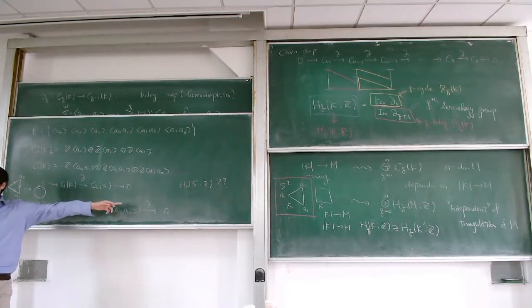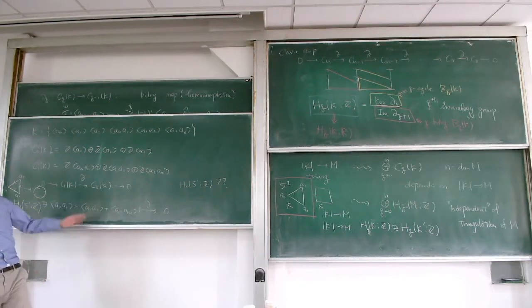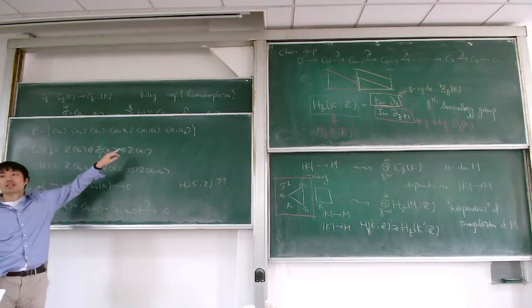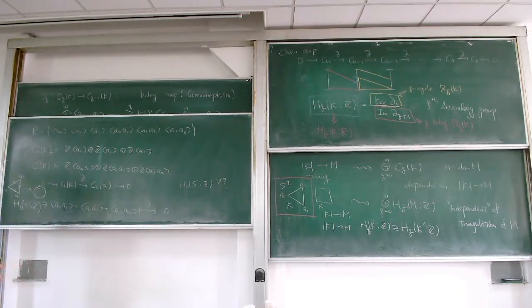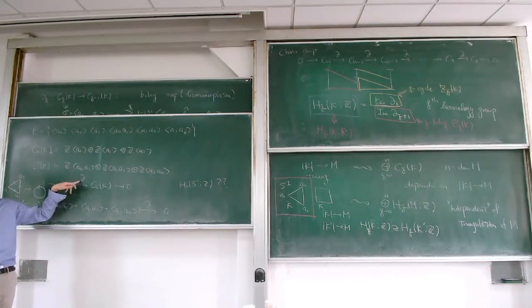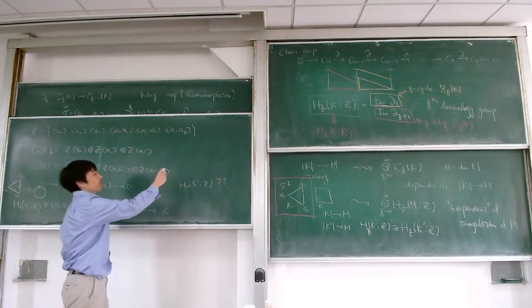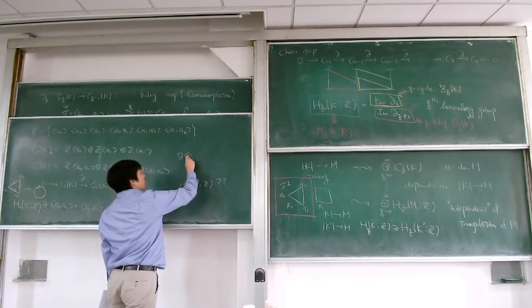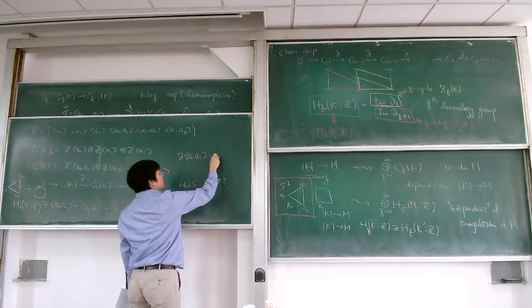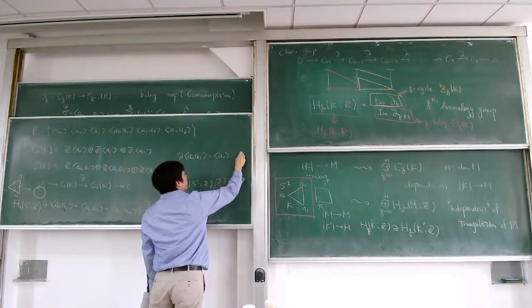Everything goes to 0, so they're all elements in the zero cycles. However, one has to be careful about the image of the boundary map. You have to get rid of the boundaries, and we already know that the boundary of A0A1 is equal to A0 minus A1.